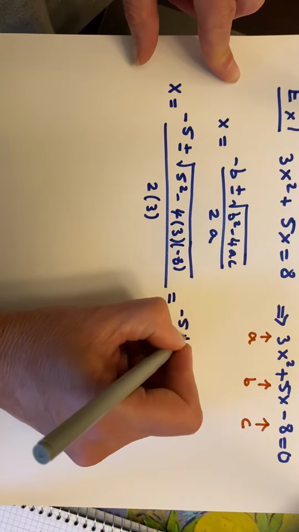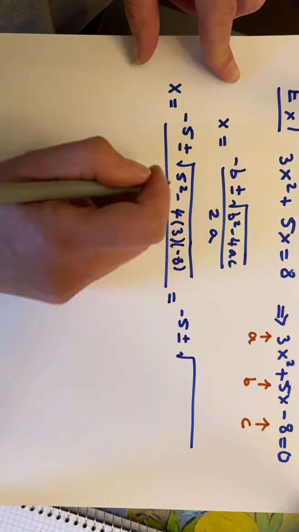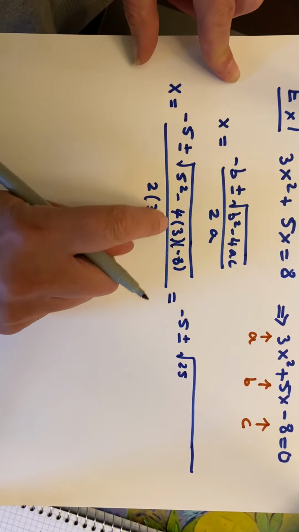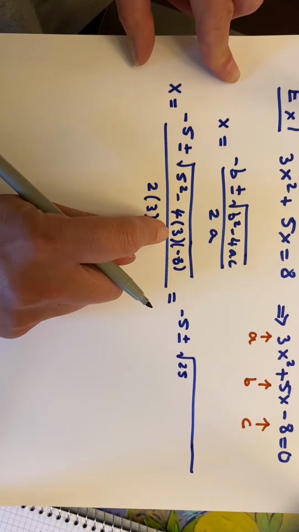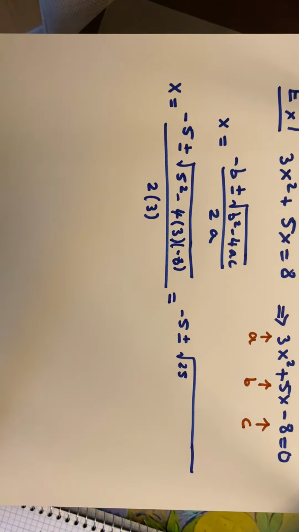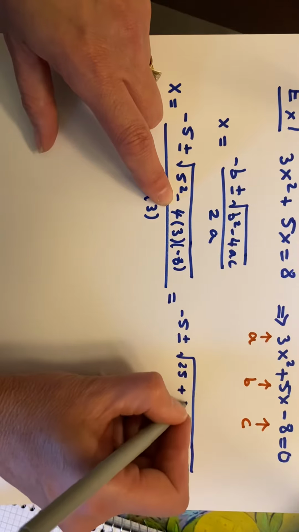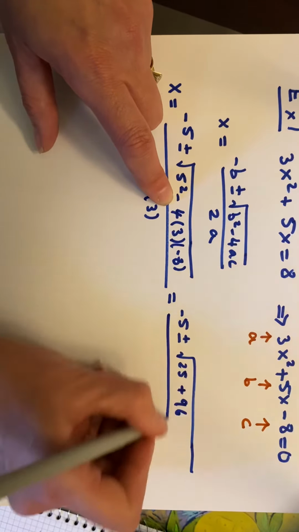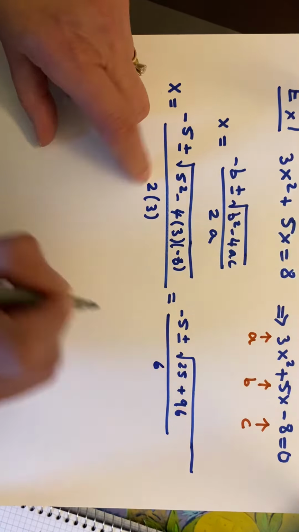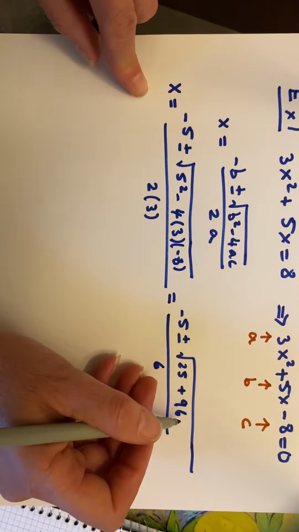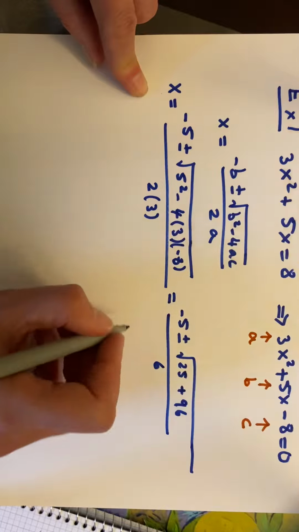Negative 5 plus or minus the square root of 5 squared is 25. 4 times 3 is 12. Times 8 is, I believe, 96. So plus 96 over 6. If I add 25 and 96, I get 121.